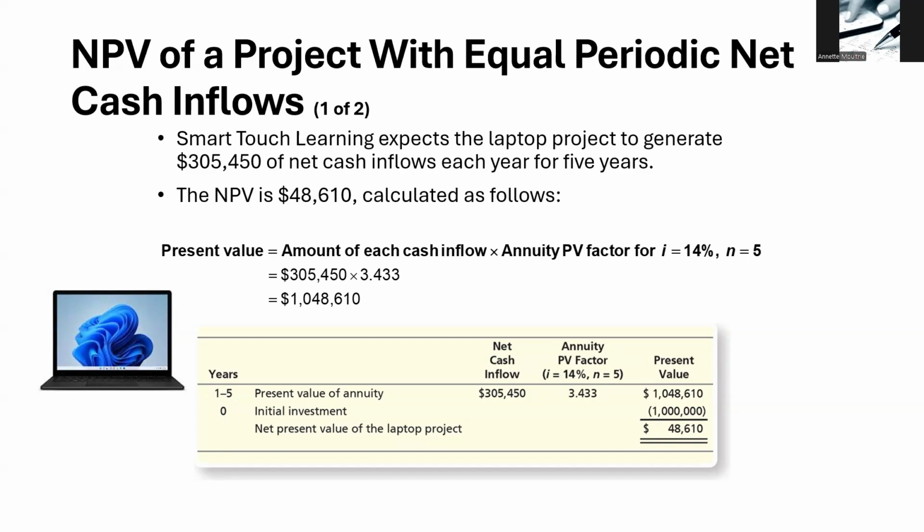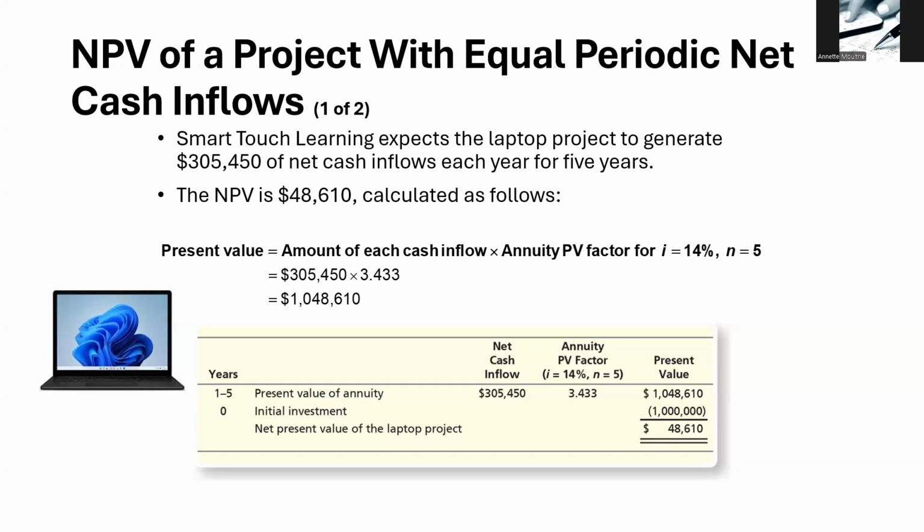So the NPV is $48,610. So how do we get that? Let's see. Present value is equal to the amount of each cash inflow times the annuity present value factor for i equal 14%, n equal 5. So that's $305,450 times 3.433, which will give you $1,048,610.